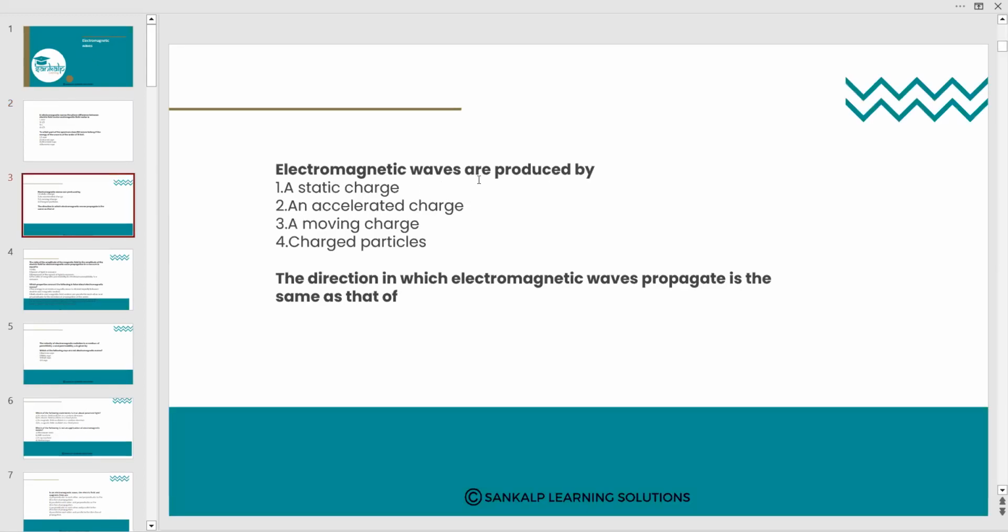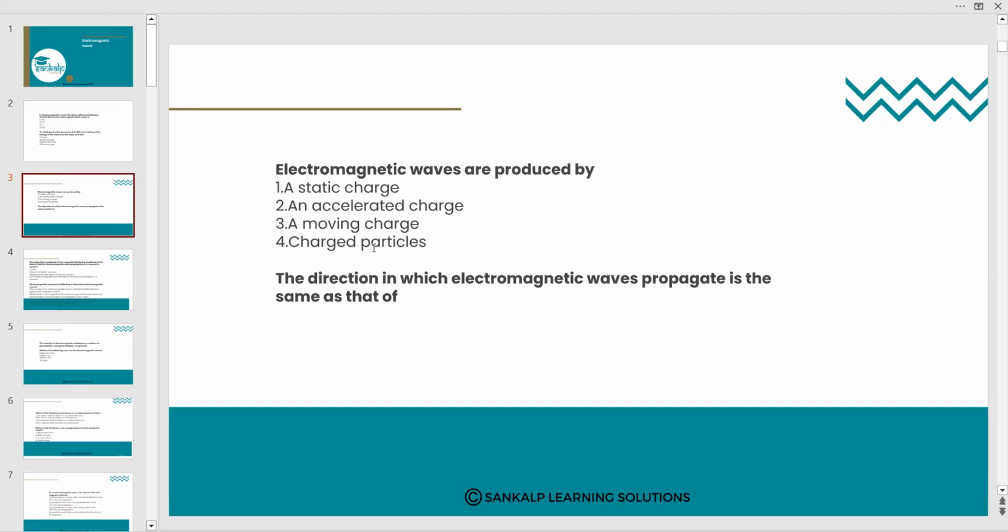Then the next question. Electromagnetic waves are produced by. If they ask what produces electromagnetic waves, we have already discussed the properties. So option A, a static charge. Option B, an accelerated charge. Option C, a moving charge. Option D, a charged particle.